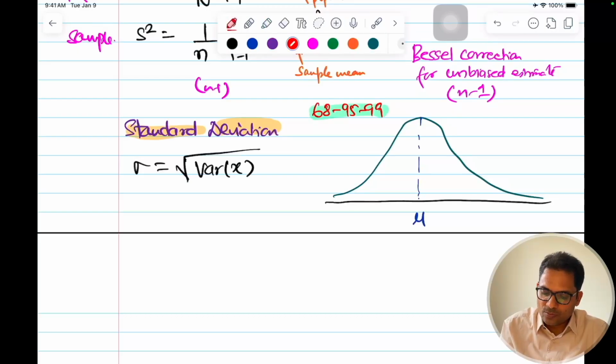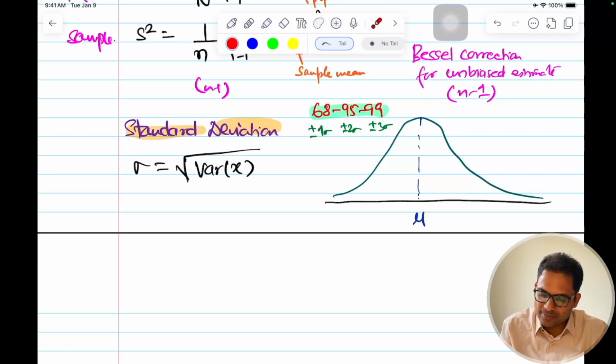So 68% of data is one standard deviation away. This is plus minus 1 sigma. This is plus minus 2 sigma. This is plus minus 3 sigma. Approximately this much of data is there.